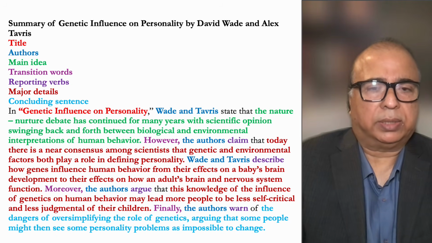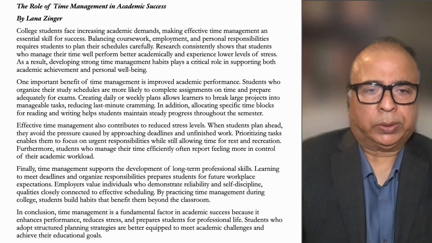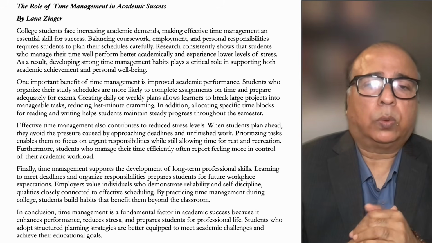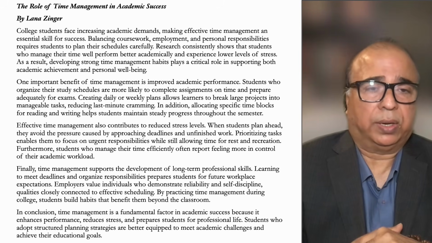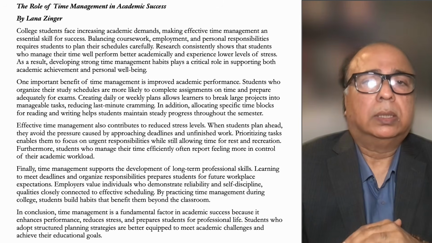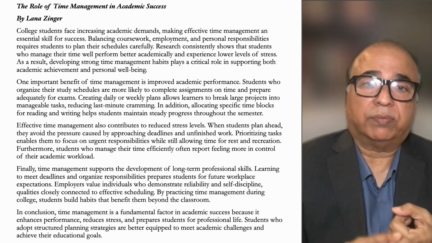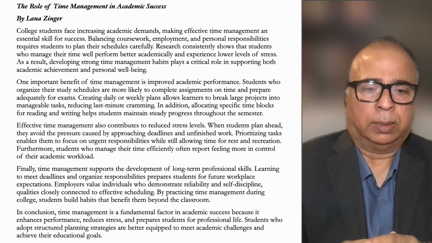You feel confident that you can write a summary now that you have acquired knowledge? Okay, so here is your challenge. The challenge is to read The Role of Time Management in Academic Success, written by Lana Zinger. That's the author's name. You have an introduction, 3 body paragraphs, and a conclusion. I'm asking you to write an academic summary following the conventions of academic written discourse, North American that is.